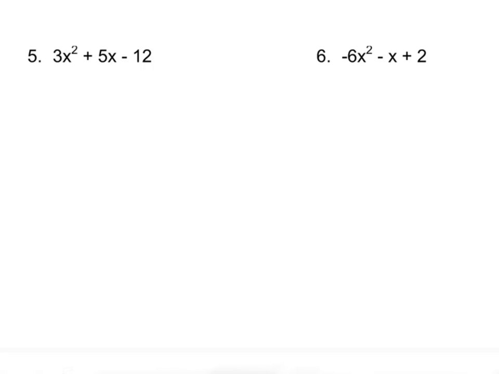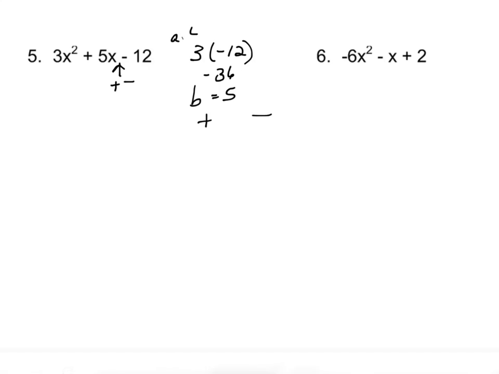So when we go over here, a times c is 3 times negative 12. Again, it's the same process. It's just more examples. Is negative 36. And b, and that's a times c, b is equal to 5. This tells me I have a plus and a minus.